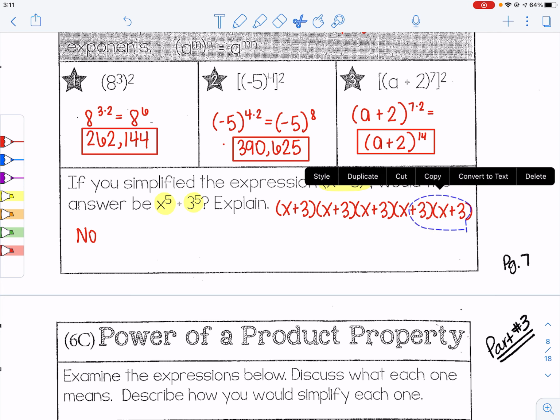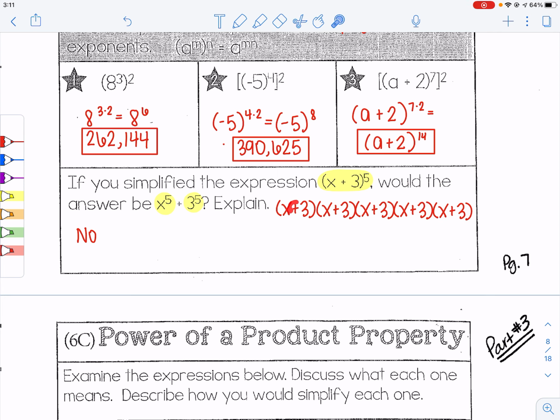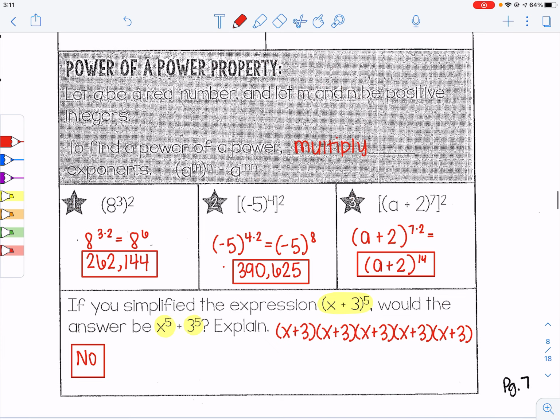And 5 times. And the problem with that is the addition sign in the middle here. So that does change things. If that was multiplication, if it was just 3x, that'd be fine. We could do that. But it's not 3x. It's 3 plus x or x plus 3. So no, those are not going to be the same thing. We're going to learn about this in Unit 7. We will learn what to do when that happens.